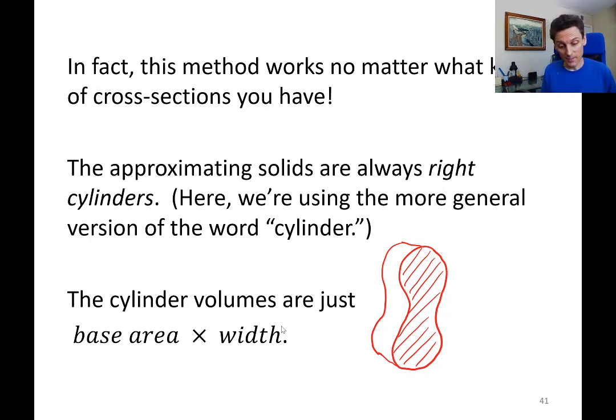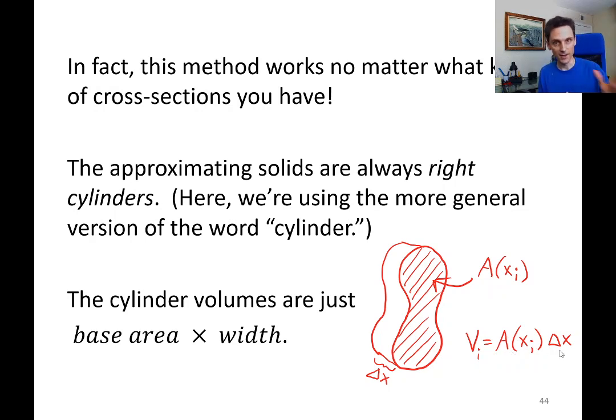And then times the width, the distance from one flat side to the other, from one base to the other base. So if the area of this peanut-shaped flat base is A of x sub i, and if this is delta x for the width of the cylinder, then the volume of that cylinder, we'll call it V sub i, is going to be the area times the width.